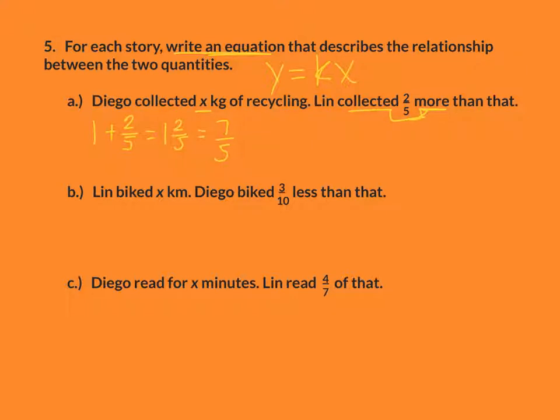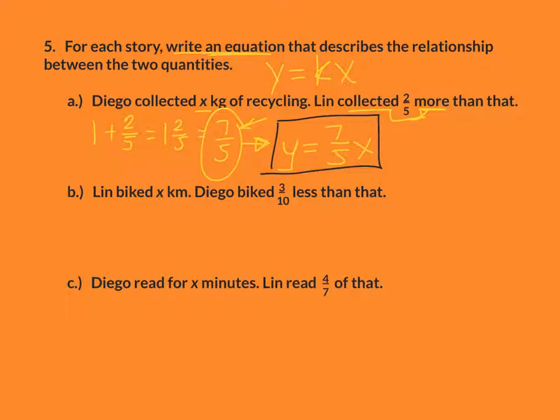If you use the 1 2/5, it's not wrong. But this is, again, typically the way that they're written. So we're going to use this in our equation. So we've got y equals, this is our k, 7/5 x. There's our answer for the first one.